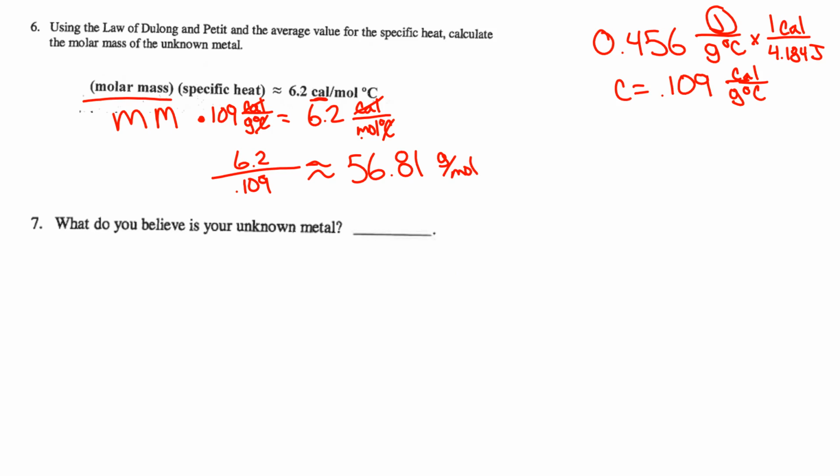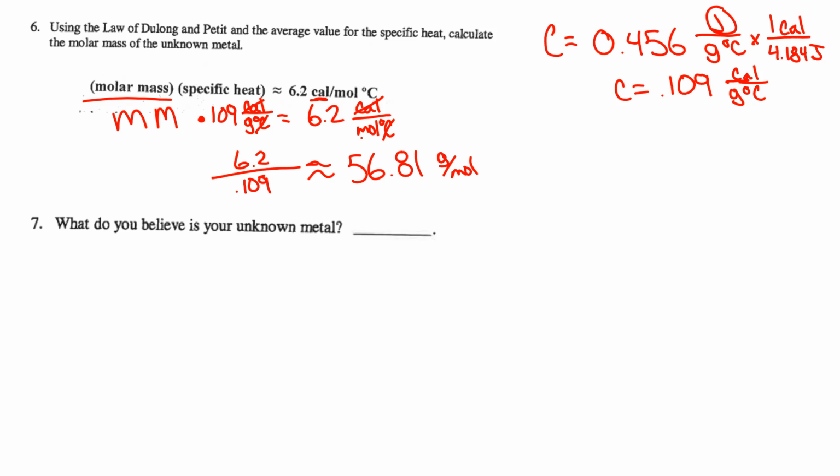Now, what I'm going to talk about is, again, this was an in-class lab sample. So I'm trying to figure out what metal I was working off of based off the information I have. So the two things that I can look at is I can look at my C that I got here on my table.